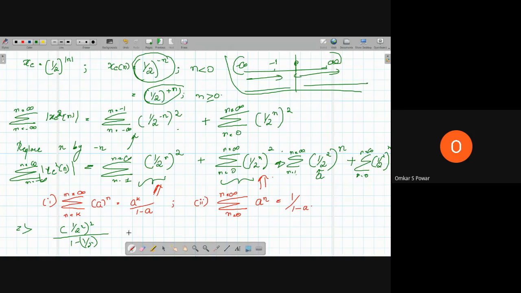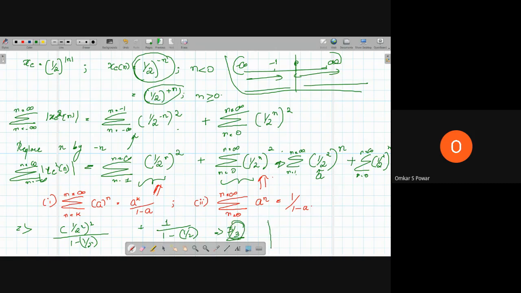Then plus 1 by 1 minus a, half. Okay, now if you simplify this, you will end up with pi by 3. So this is the energy in the even component.